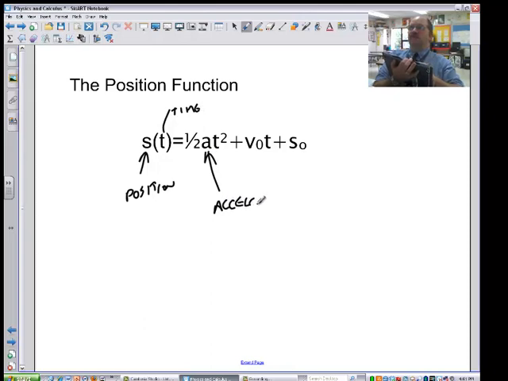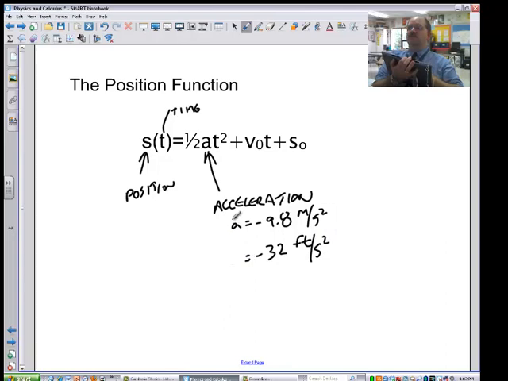And the acceleration in this case, because we're talking about an object moving, is due to gravity, and so that acceleration is either negative 9.8 meters per second squared or negative 32 feet per second squared, depending on which one we're going with. It's 32.2, but they tend to use 32.